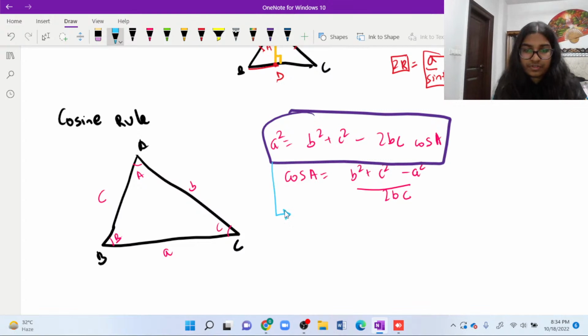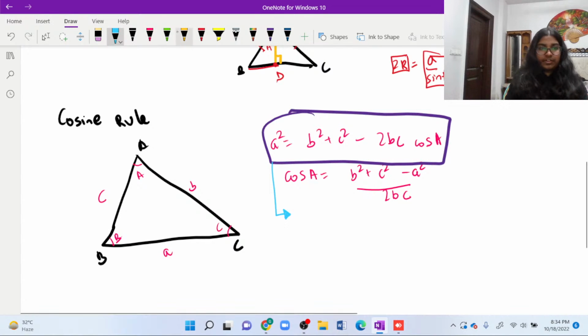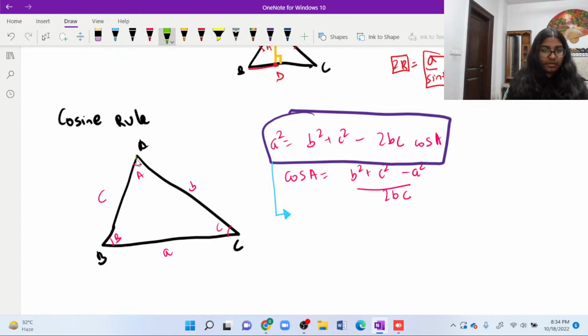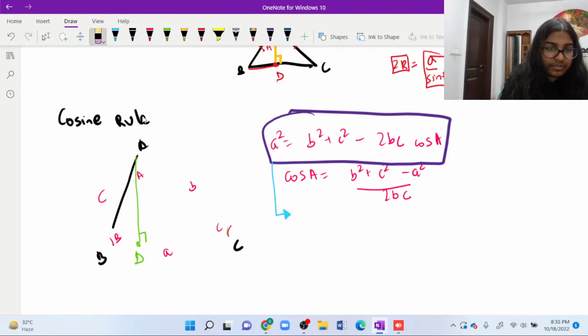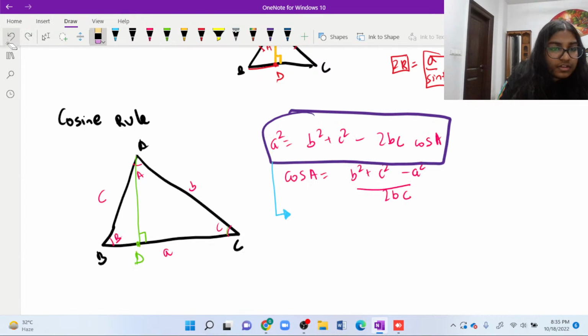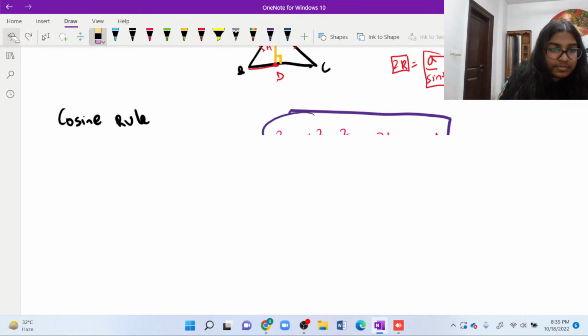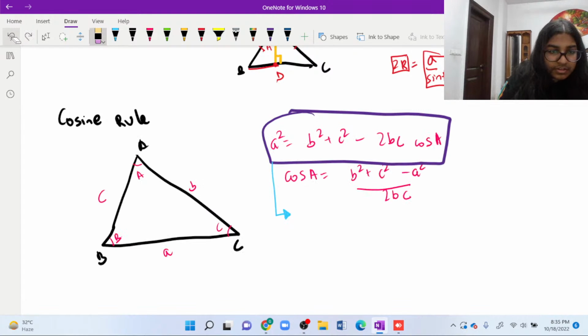So we can go about proving it this way. We drop a perpendicular from A to BC and let the foot be E. So we know that this angle is B, this angle is C. Let's ignore this for now. Okay, actually let's not draw the A perpendicular.